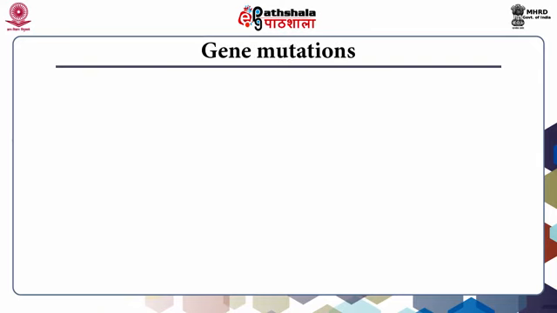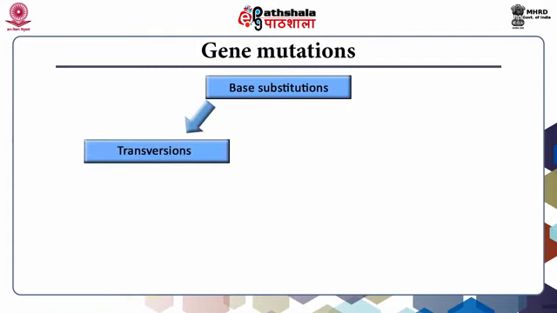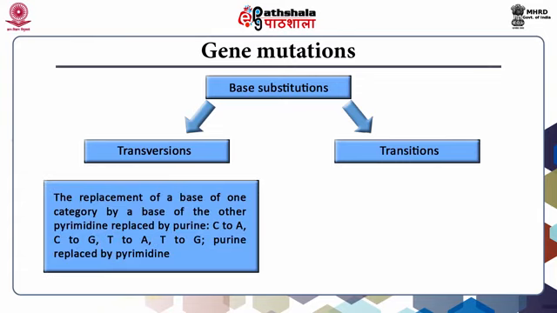Among the gene mutations, two types of situations are encountered. One is base substitution. Base substitutions again can be of two types, the transversions and the transitions. The transversions are the replacement of a base of one category by a base of the other category.